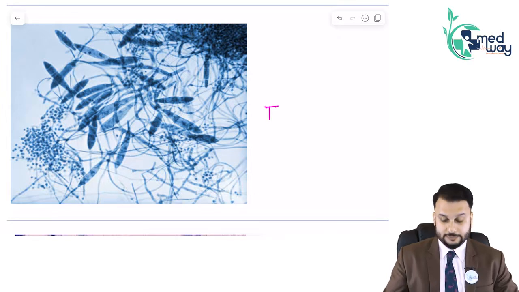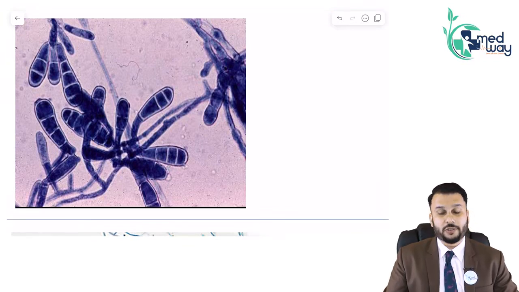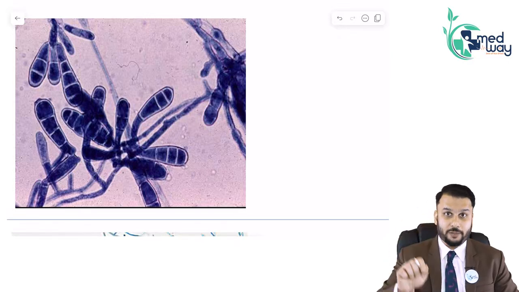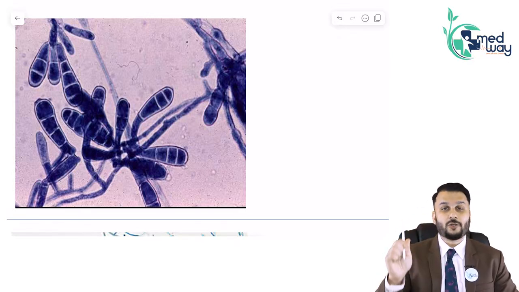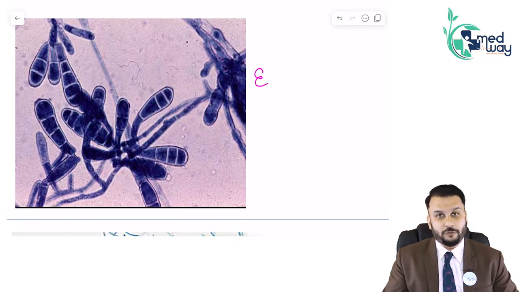Next is this picture. I hope you're able to understand that only some shaped structures are visible here. You're not seeing those dot-like structures, meaning microconidia are absent. If microconidia are absent and you're just seeing these club-shaped structures, it's a feature of Epidermophyton.